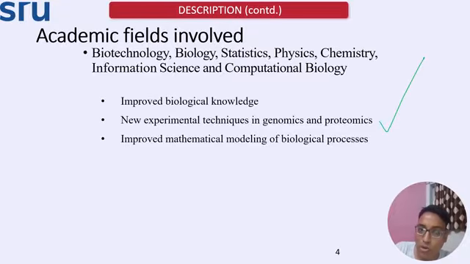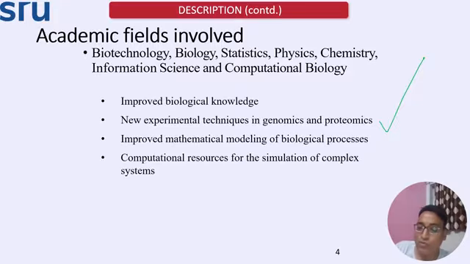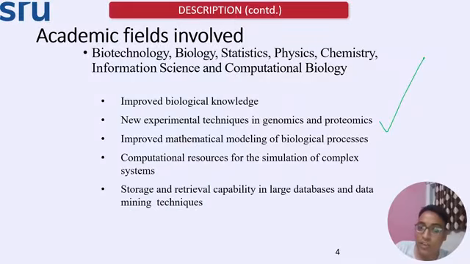Improved mathematical modeling of biological processes so that we are able to improve the predictions and ensure whatever we generate is true. Computational resources for the simulation of complex systems. People have been writing very complex codes and building tools which biologists could not even dream of, and all these tools help biologists work in a better way.